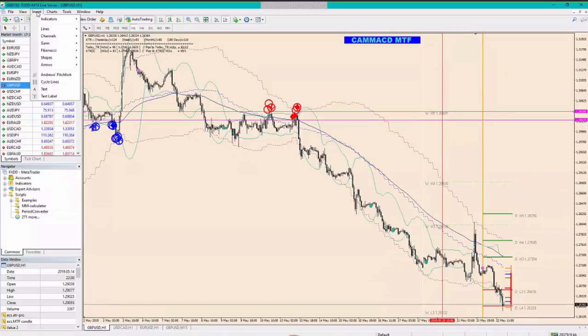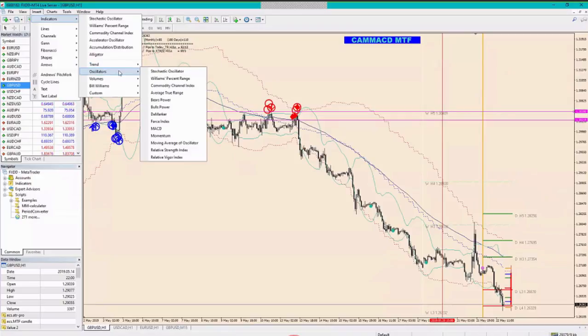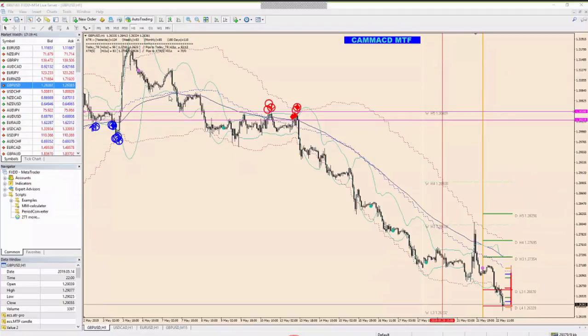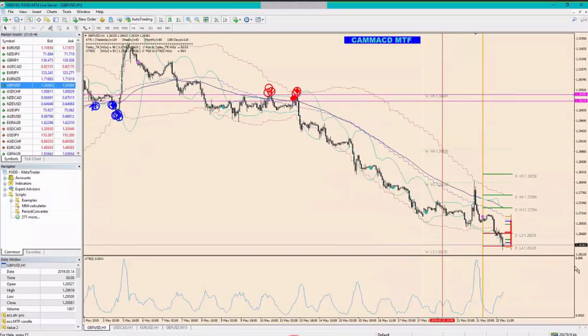If you go to insert, and here, guys, let me find this. Okay, you can also go with the average true range by default here. Just enter the period of 5 days here. So you see this number, 21, guys. It's not that usually traders can go with this.